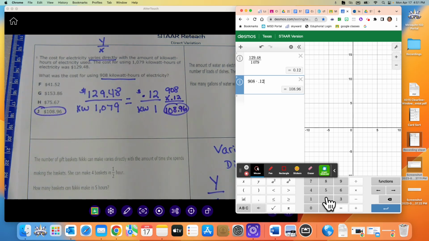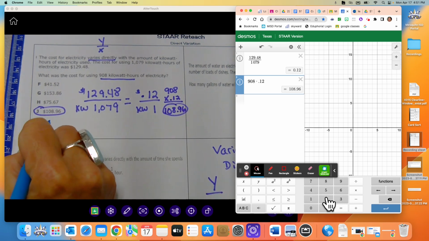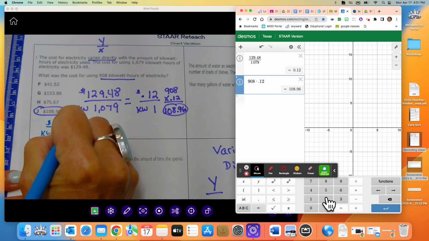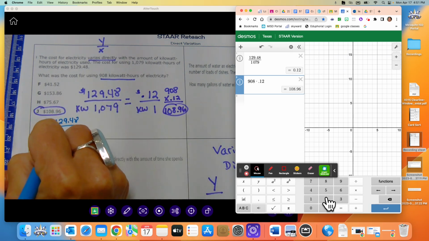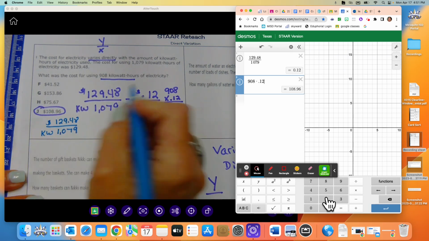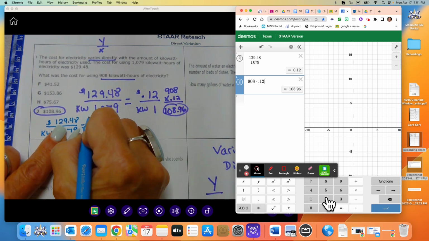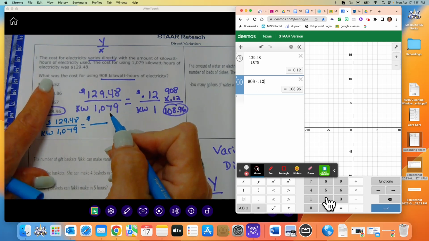Another way, because this is proportional, we can set this up as a proportion. Again, we're going to put money over kilowatt. So this is $129.48 over 1,079 kilowatts is equal to, since we have money up here, we're going to put money over here. What was the cost?